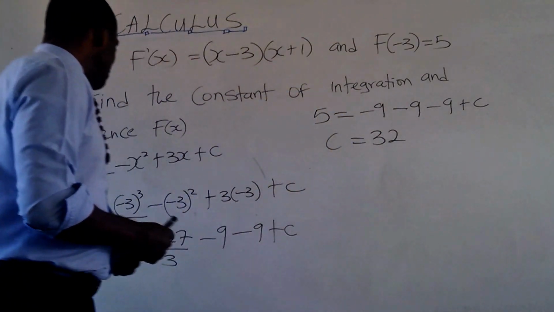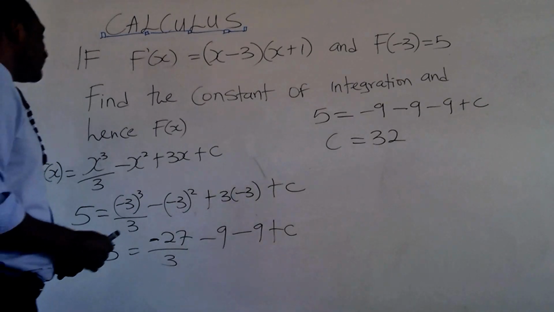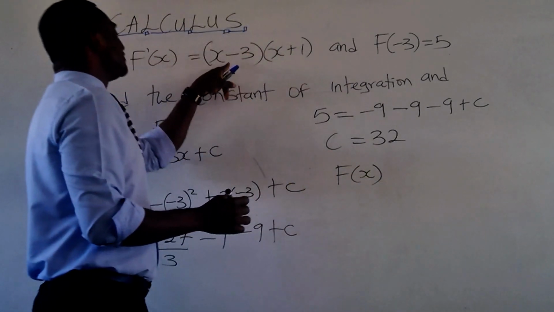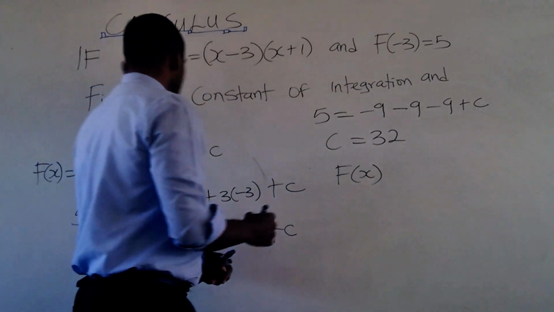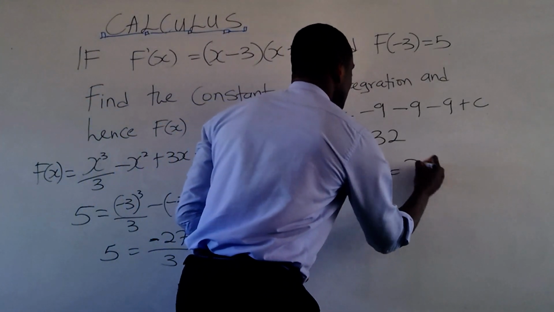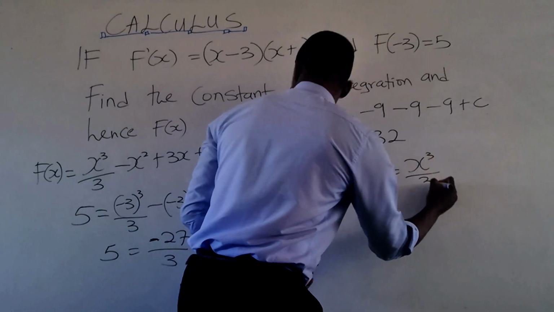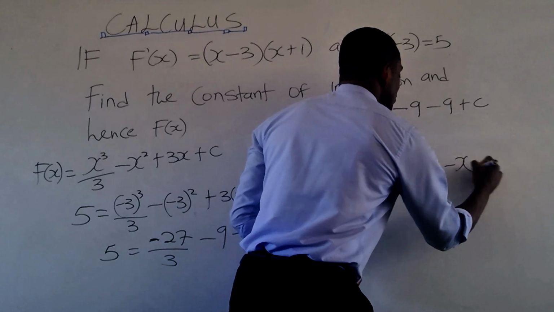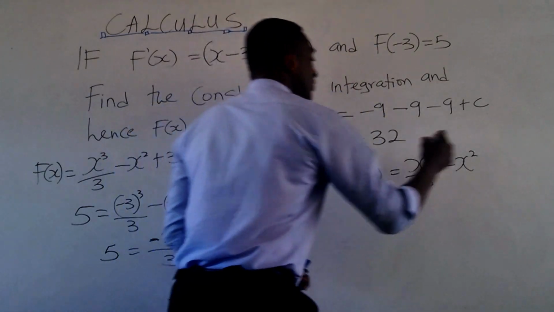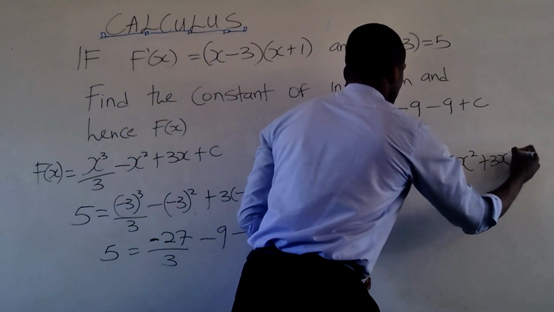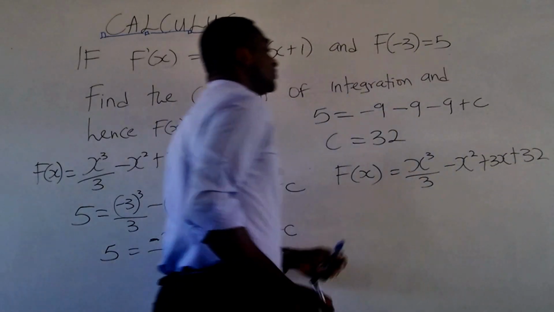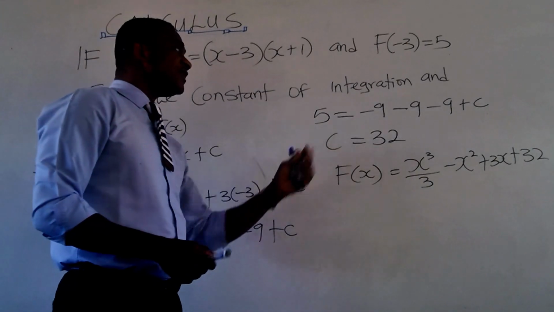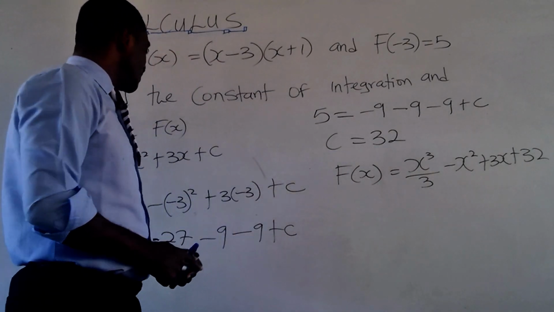So c is 32. Therefore, the function itself that gave this first derivative will be x cubed all over 3 minus x squared plus 3x plus 32. So this is the function, and our constant of integration is 32.